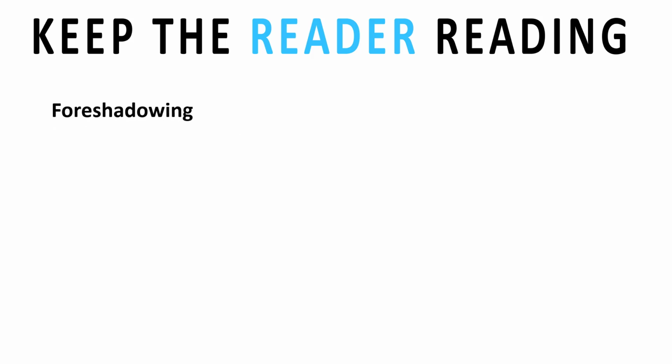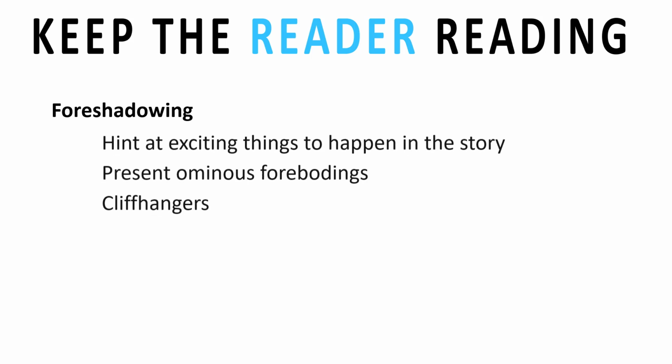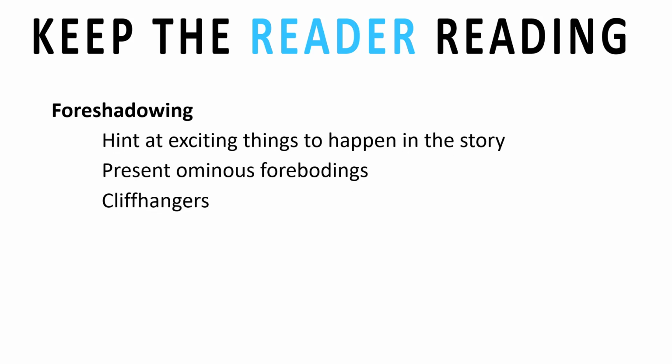Now, the other thing that we talked about was foreshadowing, right? Hinting at exciting things to happen in the story or presenting ominous forebodings. This is a great thing to use in cliffhangers, by the way, is to allude, if only Johnny had known, right? That kind of thing.